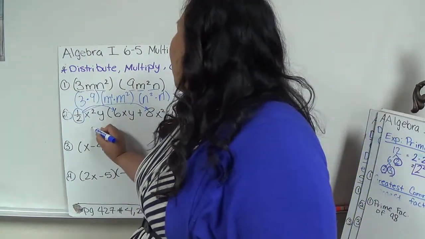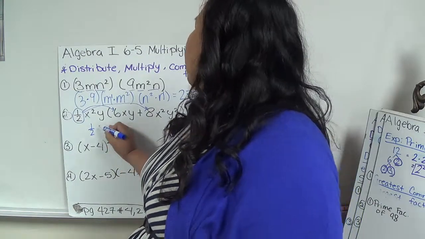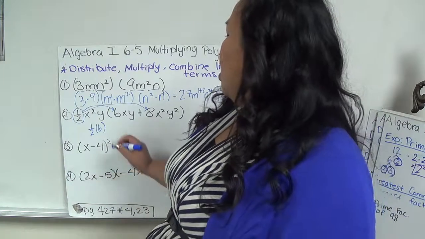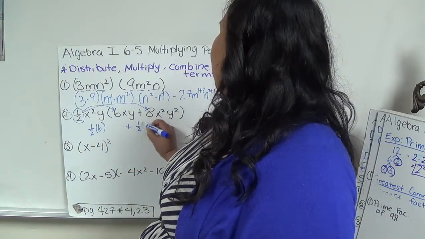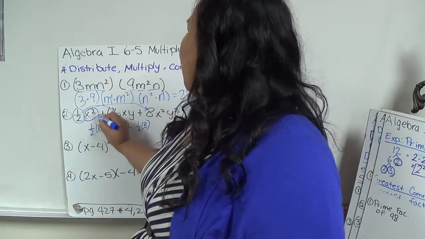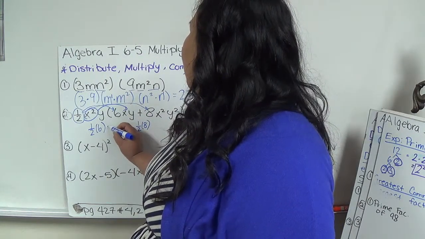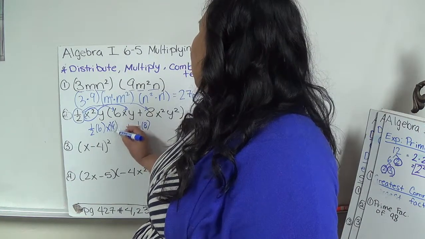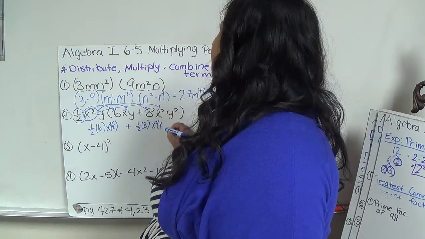So then I have 1/2 times 6, plus 1/2 times 8. The next one, I'm going to take x squared and apply it to this x. So I do x squared times x, and then x squared times x squared.